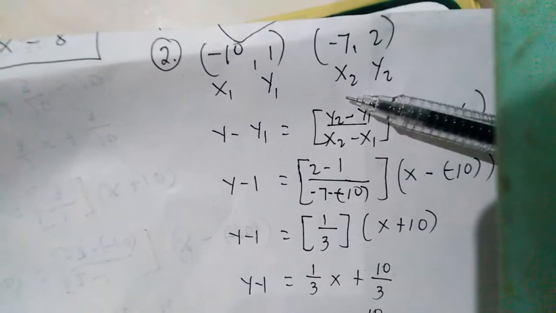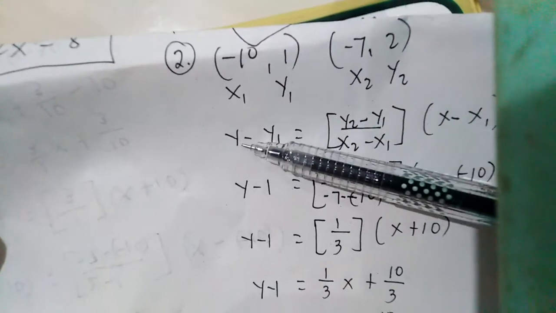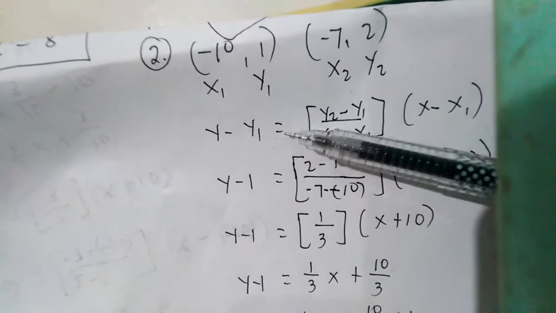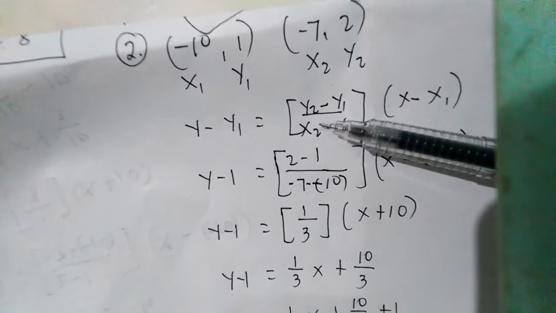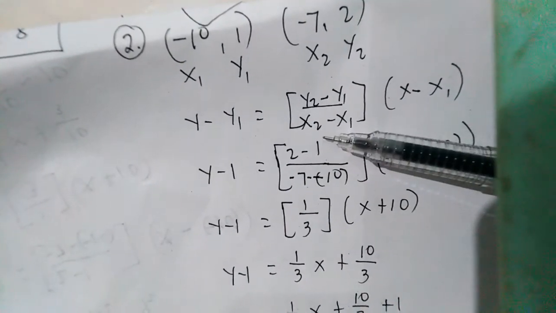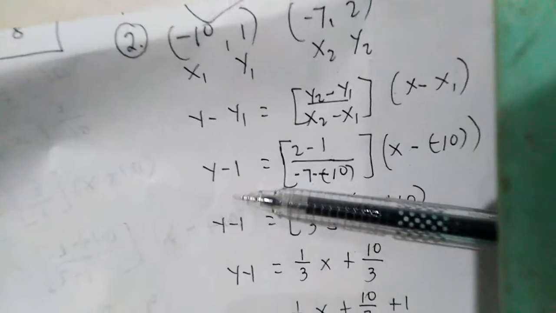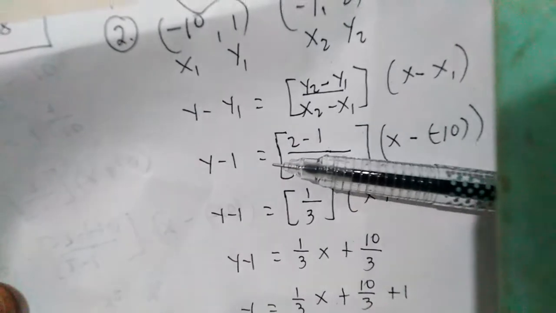Negative 7 is x sub 2, and 2 is our y sub 2. Then we are going to use the two-point form. y minus y sub 1 equals y sub 2 minus y sub 1 over x sub 2 minus x sub 1 times x minus x sub 1. Just substitute the values of x and y.